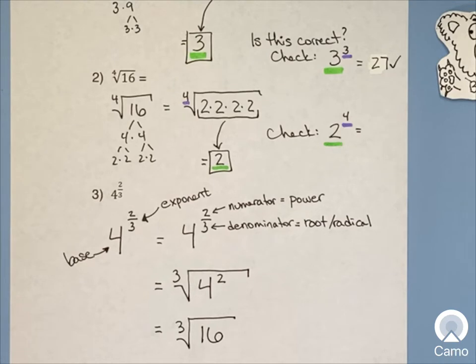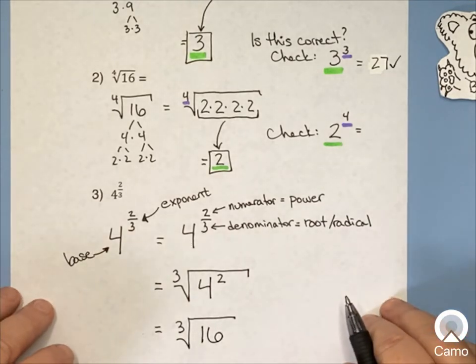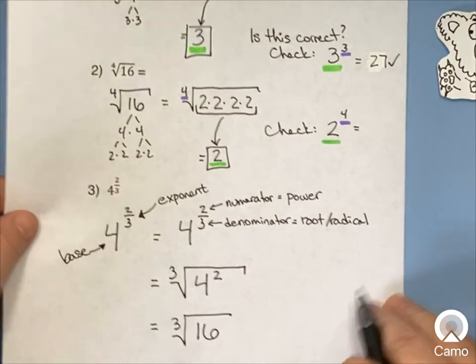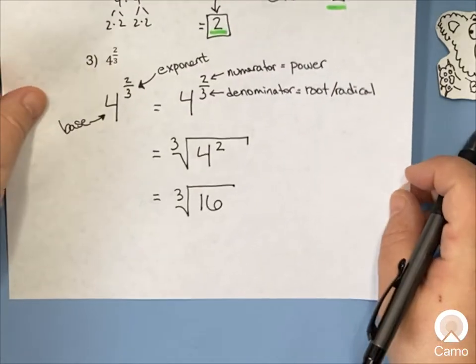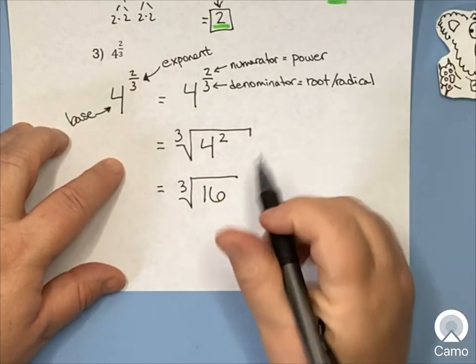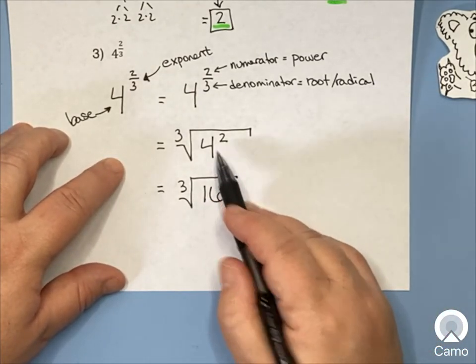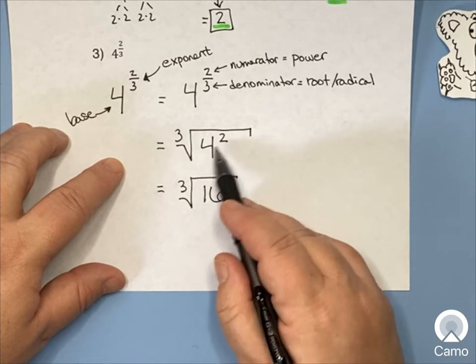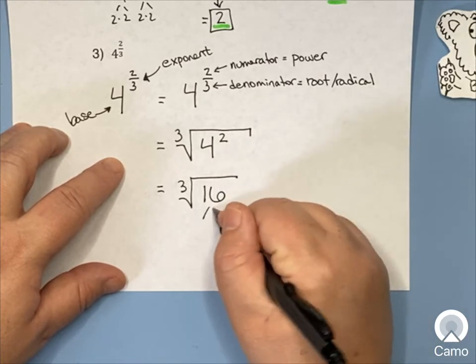Kind of woohoo, kind of so far. And then we now know how to simplify that. So I'm going to take this and scooch it up just a little bit if I can. There you go. And then I'm going to say, okay, well, 16. And then I'm realizing, wait a minute, why did I multiply it out? I should have left it here because it's easier to figure out what's going on.